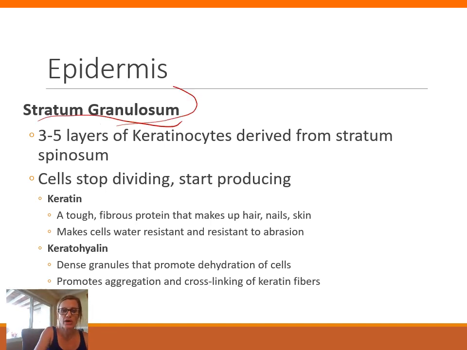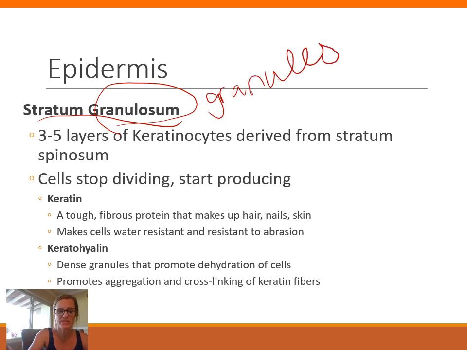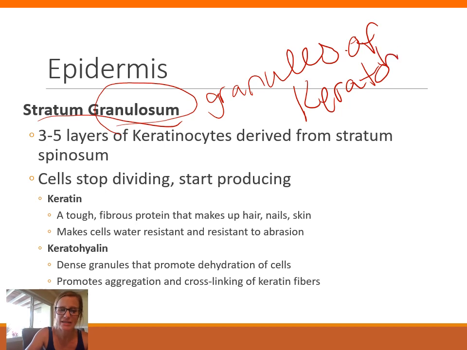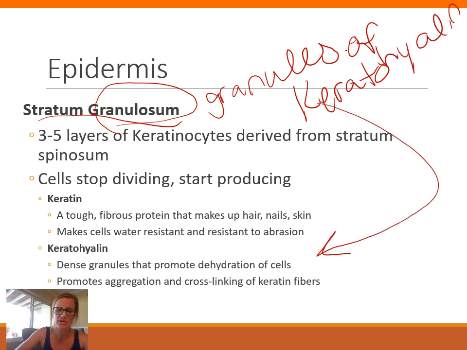It's called granulosum because there are granules. Okay, specifically granules of something called keratohyalin, which we'll talk about down here at the bottom. But stratum granulosum because the cells are packed with granules, these dense little packs of keratohyalin.